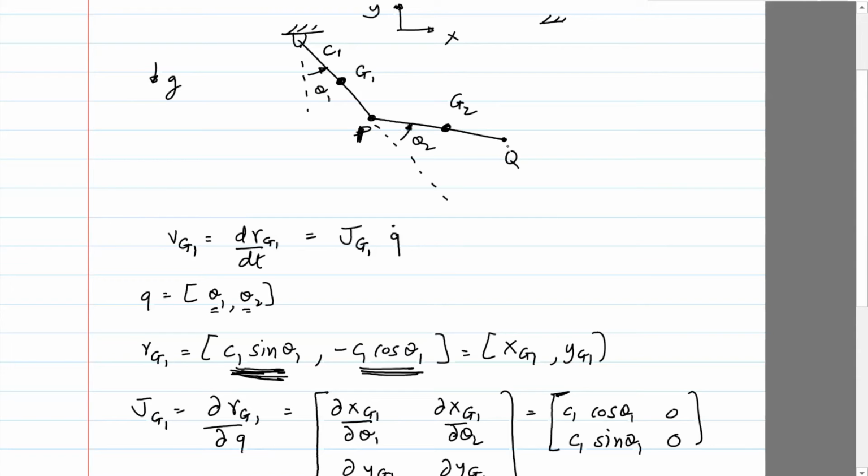But imagine that this was a 10 link pendulum, and the end of the 10th link I wanted to constrain to the wall. Then I need to ensure the constraint is satisfied. It says that the end point, that's Q, should be over here. And then you write the position of point Q, then you take the derivative of that with respect to the degrees of freedom. That becomes your constraint Jacobian.